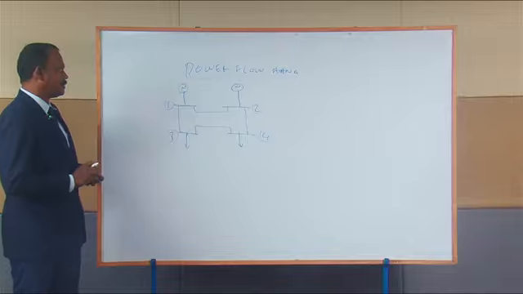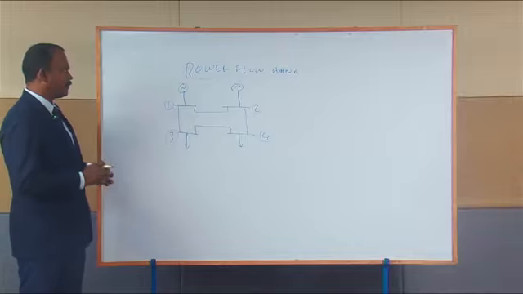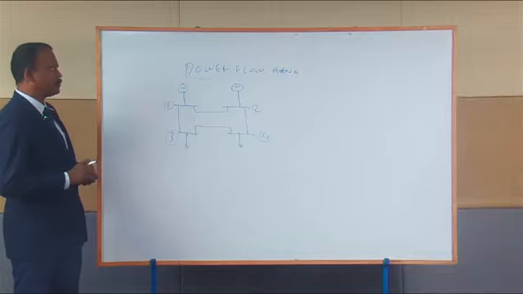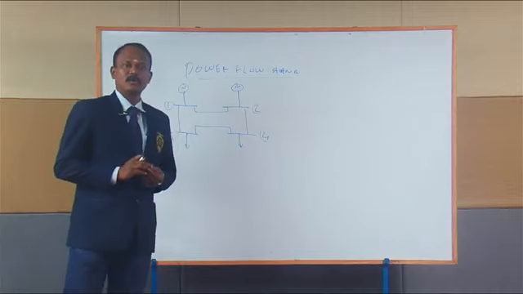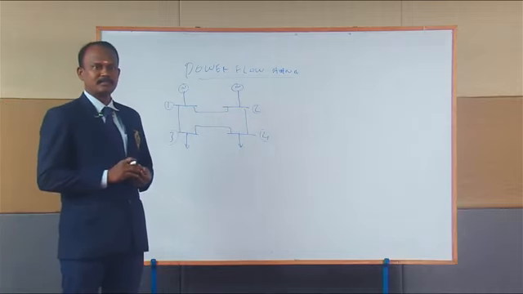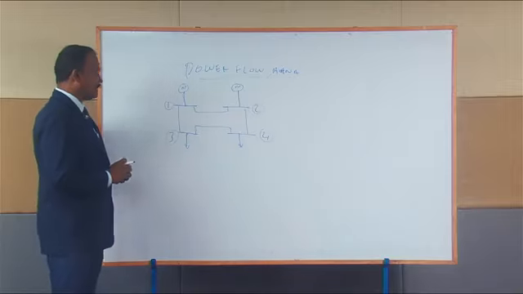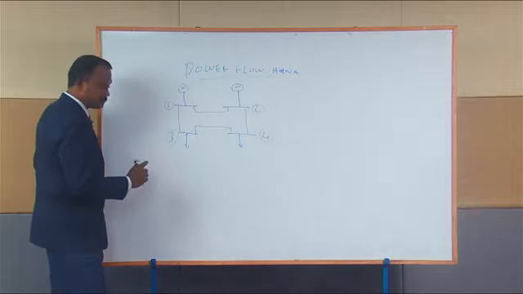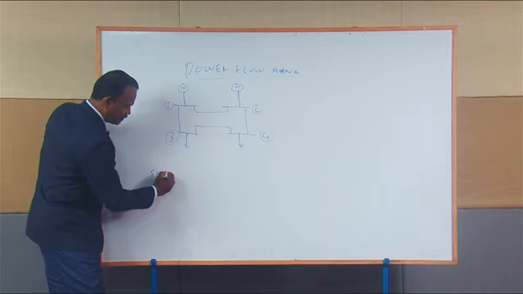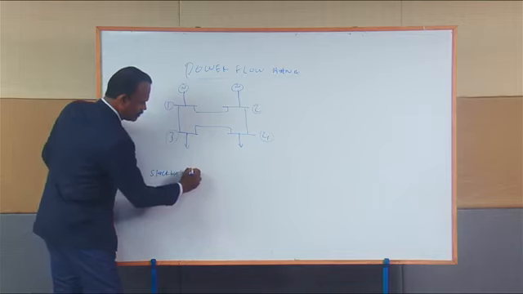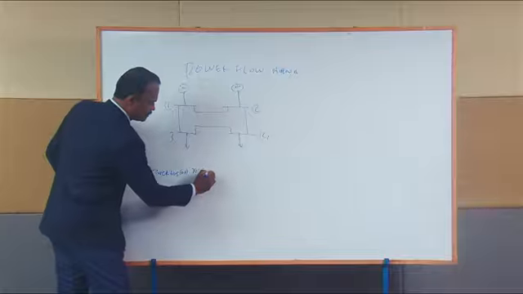Before we discuss how to do the power flow analysis for the given network, we are supposed to know the classification of buses in a power system. Normally, the buses are classified into three types. The first we call a slack bus, or a reference bus.